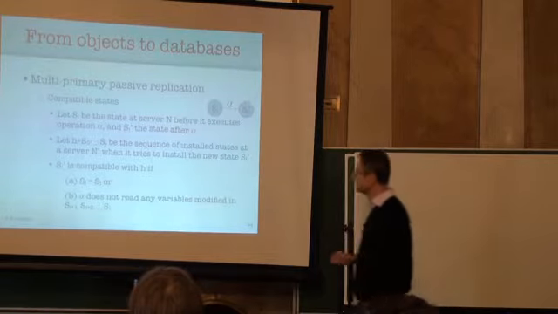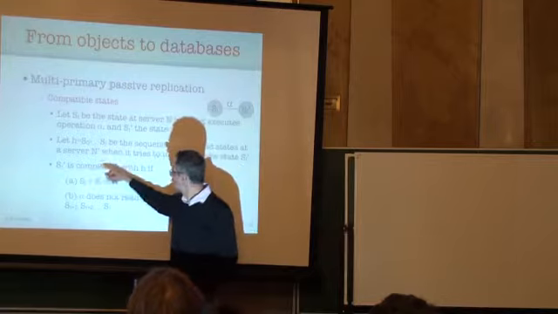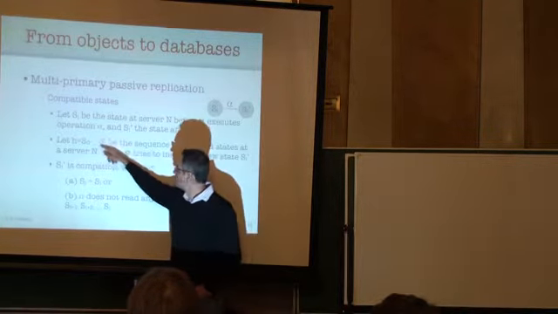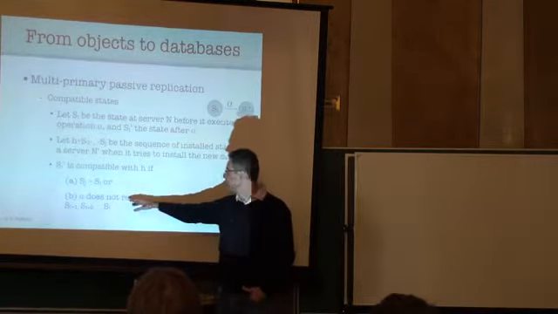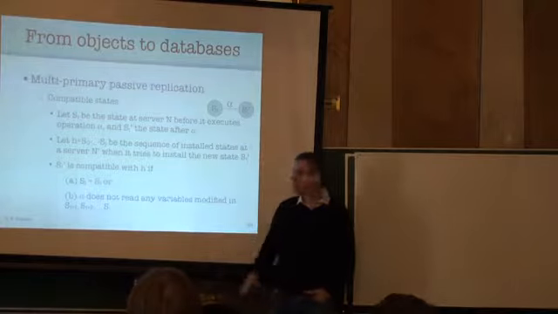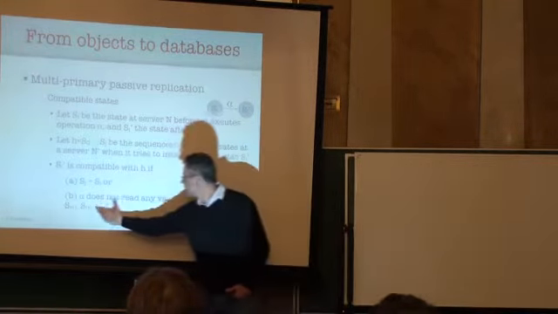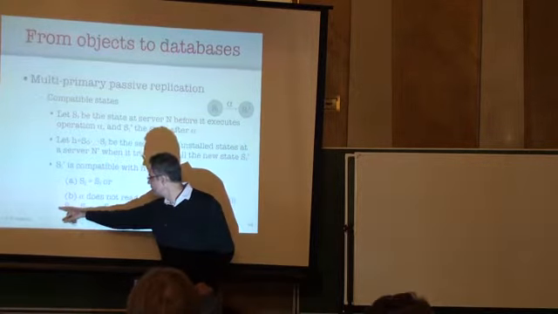Now the second case is a little bit more complicated. So I say that my Si prime is compatible with my history here, even if it does not derive directly from this state, if whatever command alpha did does not read any variables that were modified in the states that succeed Si.